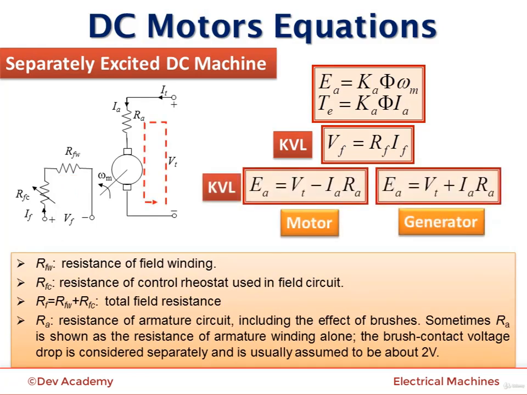The KVL applied to the armature circuit will result in these two equations, one for the motor and the other one for the generator case. Note that the only difference between these two is the direction of the armature current. So in motoring case, we have minus IA RA, and in generator case, we have plus IA RA.